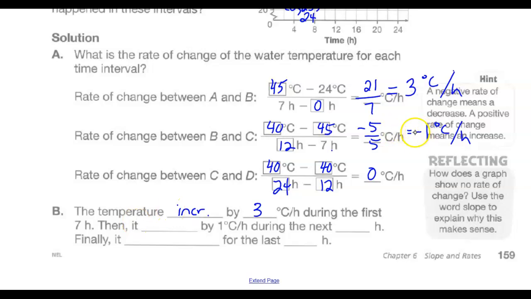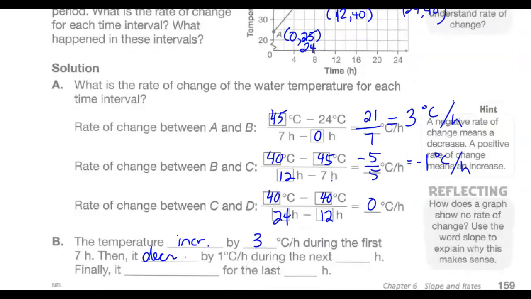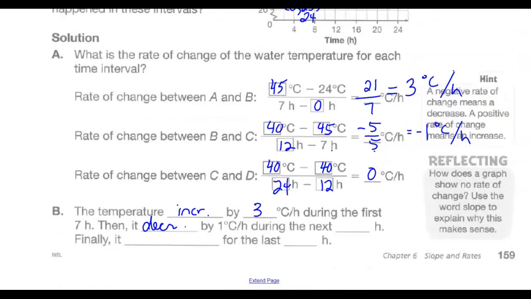Then because it's negative, it decreased by 1 degree Celsius per hour during the next 5 hours, that's the denominator there. Then it stayed the same for the last 12 hours. 24 minus 12.